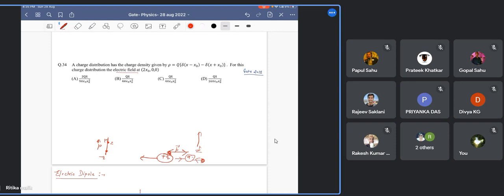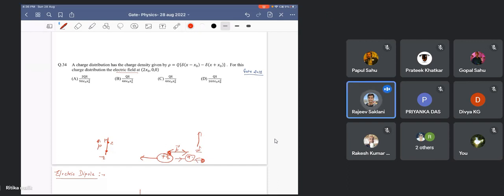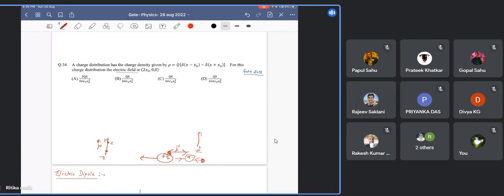So this is the direction of the electric dipole moment as well. Is it clear? Ma'am, the direction of the electric dipole moment will be opposite to the electric field, if they are inside a dielectric medium.